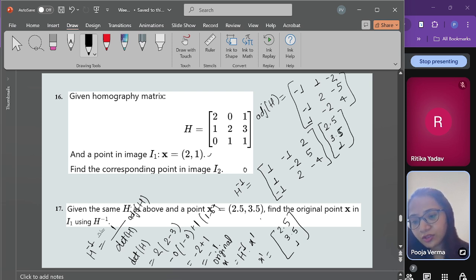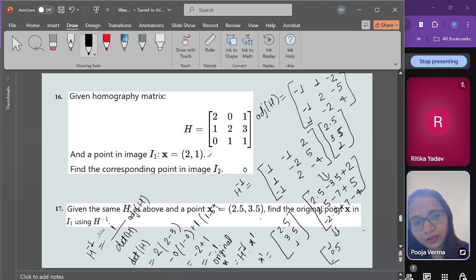So just multiply this, and you will get 2.5 minus 3.5 plus 2, 2.5 minus 7 plus 5, minus 2.5 plus 7 minus 4. After that, I'm writing it here. The final point you will get is 1, 0.5, minus 0.5.